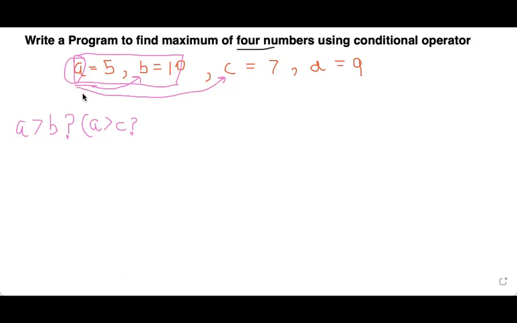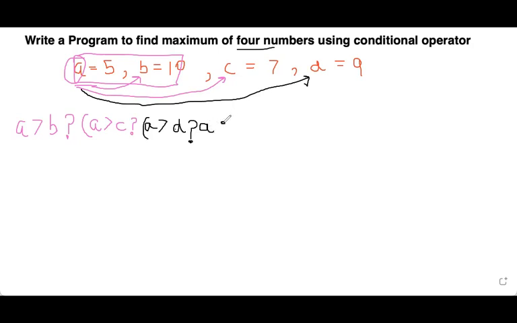If it is true, you're going to check it now for the fourth number, which is D, because you have already compared that A is greater than B and it's also greater than C. Now you're going to compare with D. Is A greater than D? Now if it is true, and these expressions are true in continuity, what does it mean? It means A is maximum, right? So here you're going to print that A is maximum.